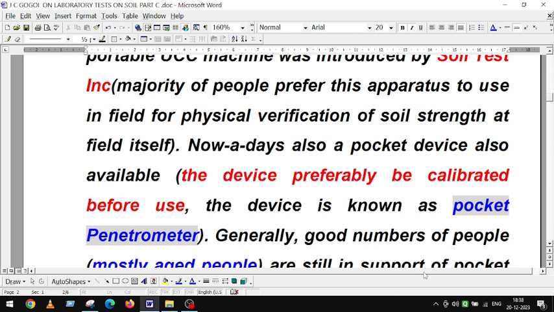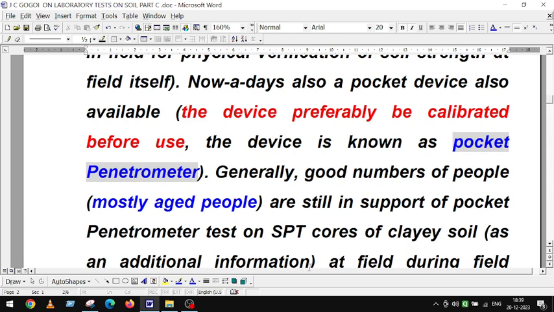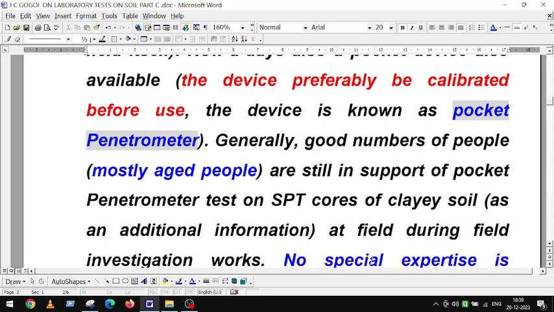Generally, good numbers of people, mostly aged people, are still in support of pocket penetrometer test on SPT samples, especially on clay soil, to collect this valuable information as additional information at field during the field investigation work itself. We are getting that valuable information.